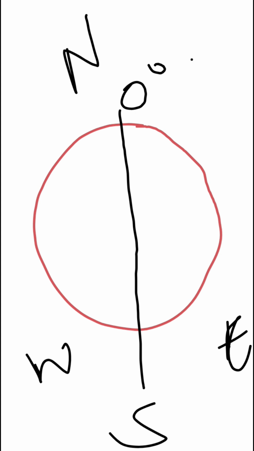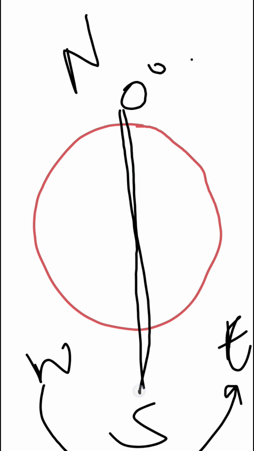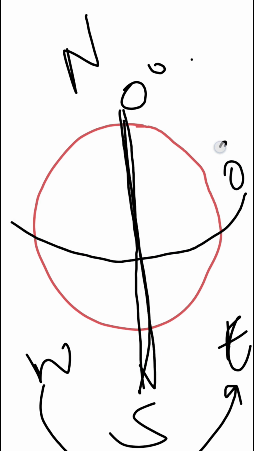If I have to move from west to east, I have to add the time. How? Let's say this is Greenwich, and this is our equator.